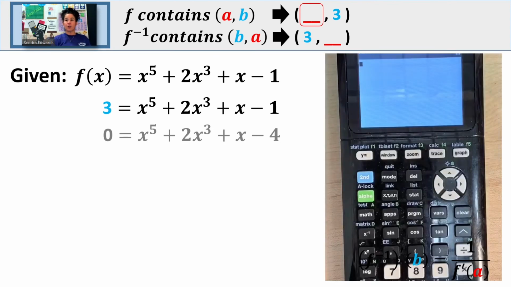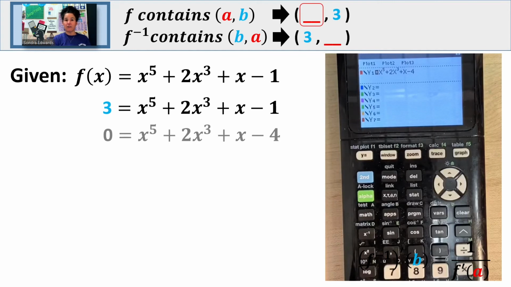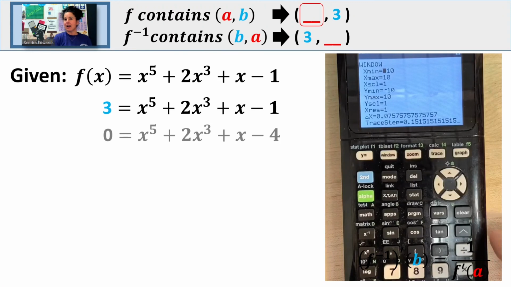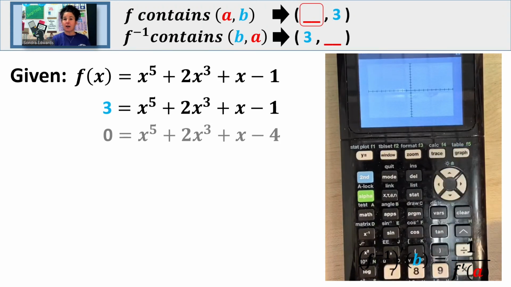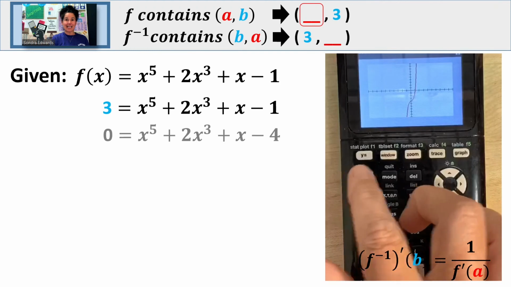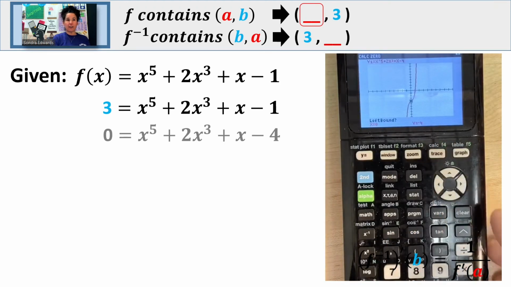So when you grab your graphing calculator, you're going to enter in x to the fifth plus 2x cubed plus x minus 4 in for your y. I'm just checking here my window to make sure it's big enough to hold this function. I graph it, and wherever it crosses the x-axis, that is the answer. So I'm using the zero feature.